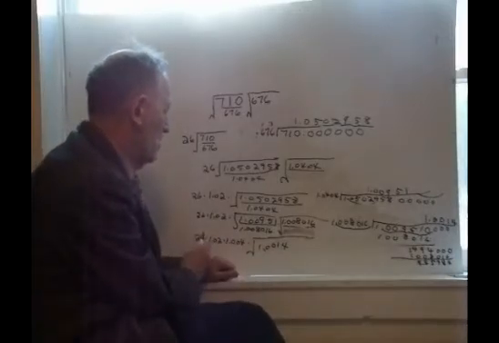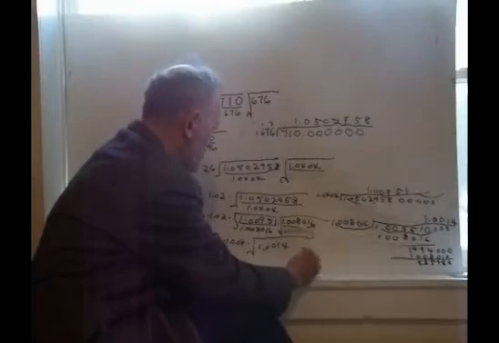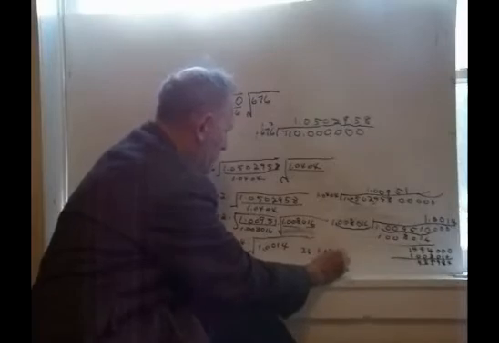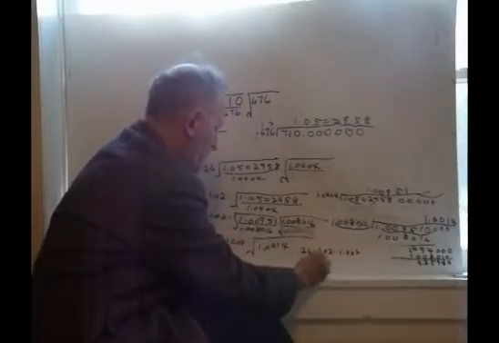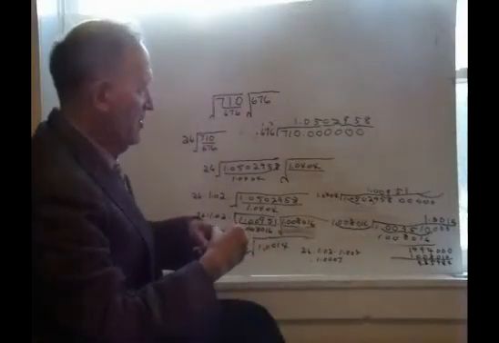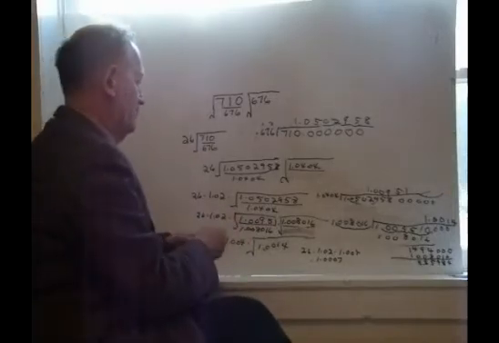So I finally get these four numbers, 26 times 1.02 times 1.004 times 1.0007. And we're going to multiply these numbers by each other, and we're going to see what we get.